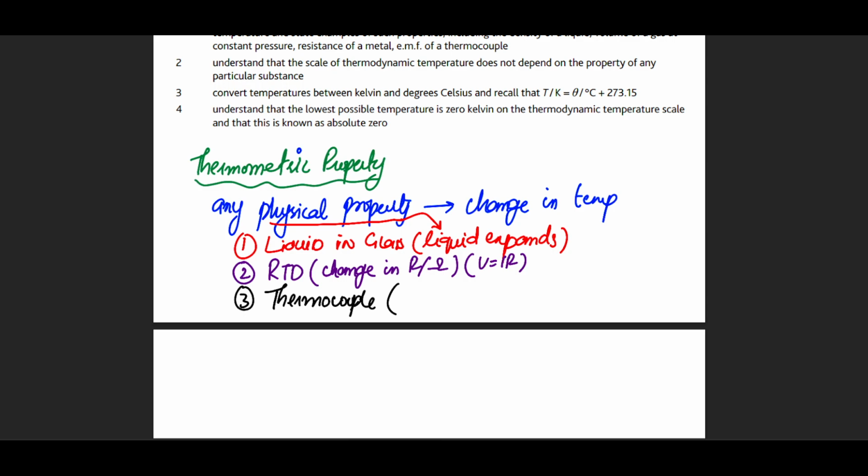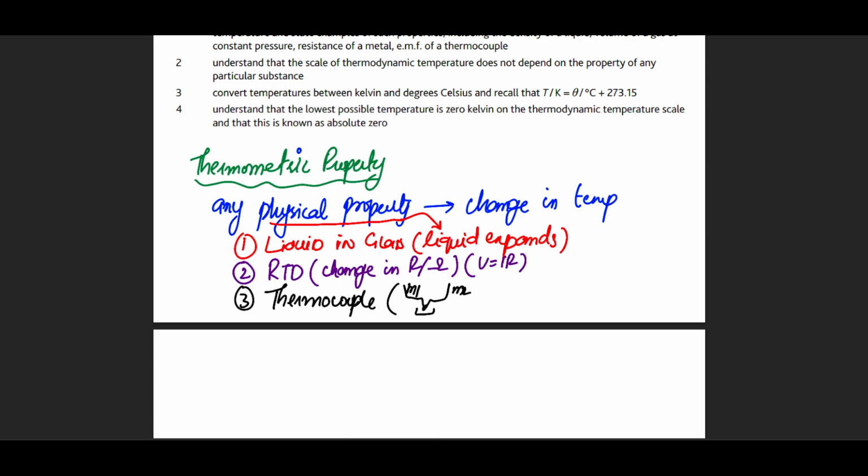What do we mean by dissimilar? For example, it could be a combination of zinc and copper, a combination of copper and some other metal, some other alloy. They are fused together. And what happens is that on that fused junction, constructed out of two different metals, let's say this is metal 1, this is metal 2, and they are fused at this one end, right?